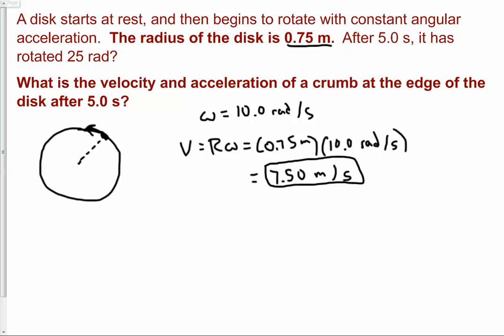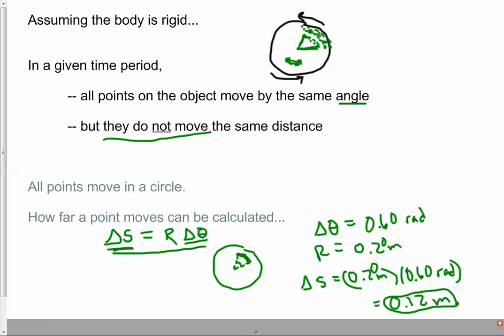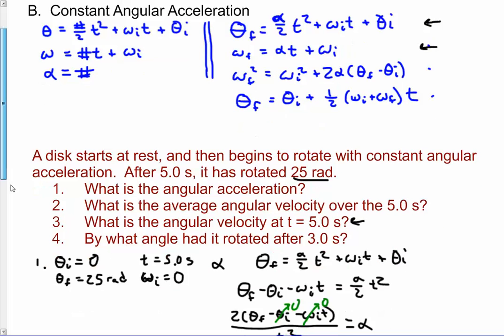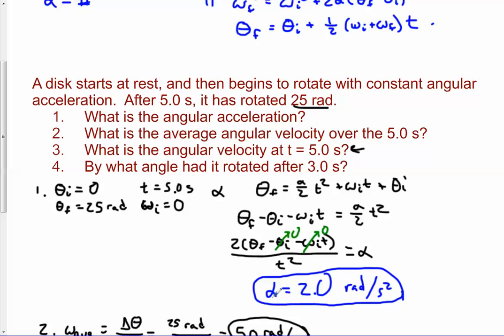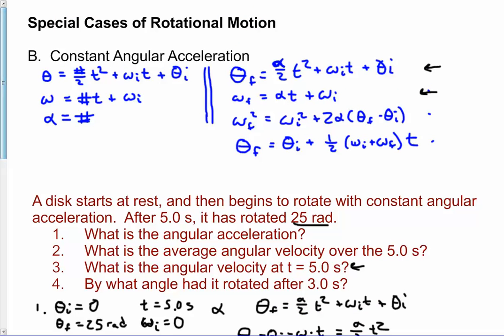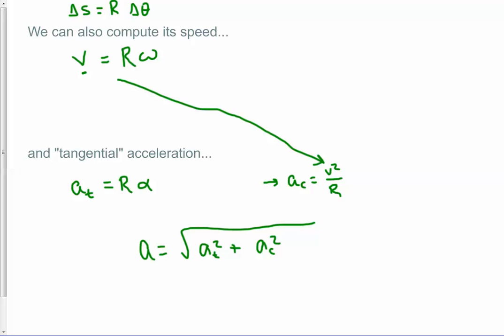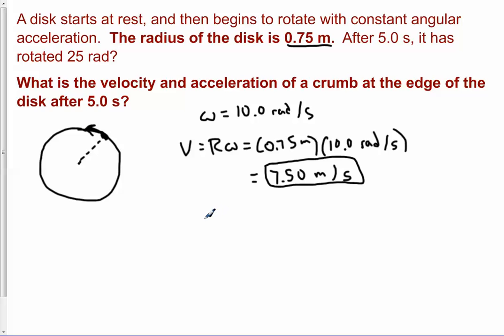Now for acceleration, we had figured out alpha. Alpha was 2.0 radians per second squared. And so now we're going to say that tangential acceleration is r times that.